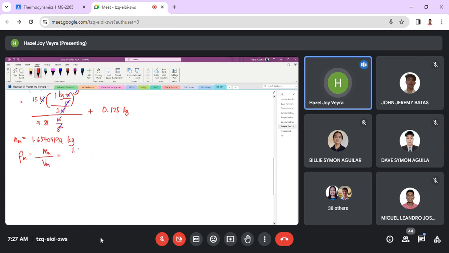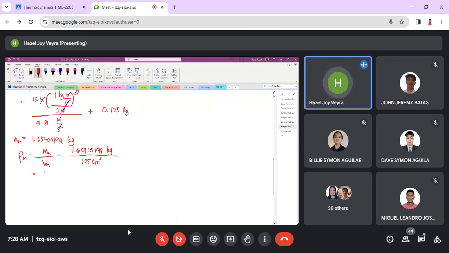So we have here 1.65405199 kilograms all over, what's our volume again? 125 cm cube.